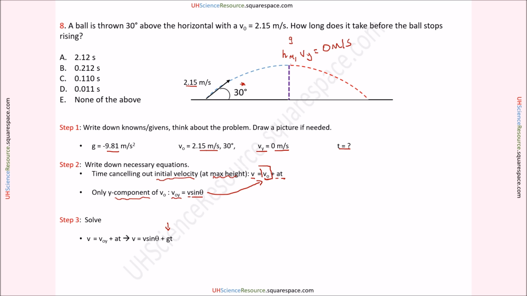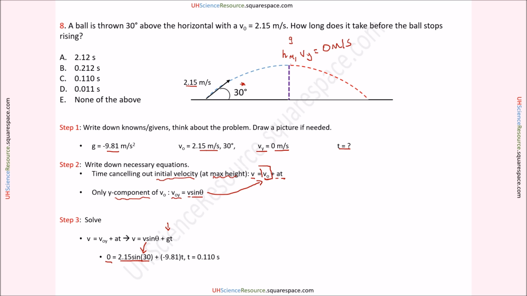Now if we do that, we can plug in our numbers, and we get something like this, in which the final velocity in the y direction is going to be 0 because it's no longer moving upward. This is our initial velocity in the y direction. So it's 2.15 sine of 30 degrees, which is this. And then we're going to add acceleration times time.